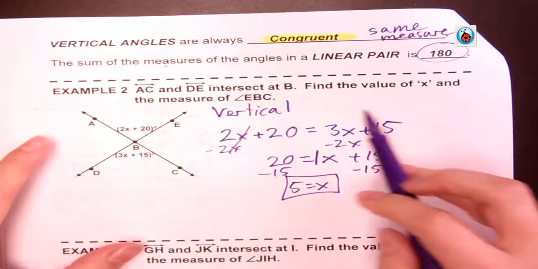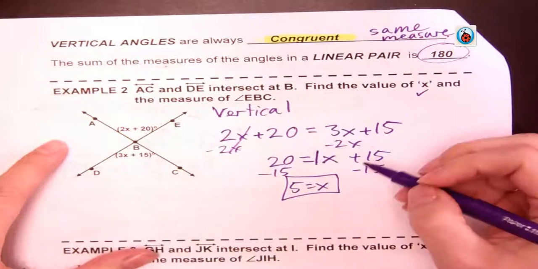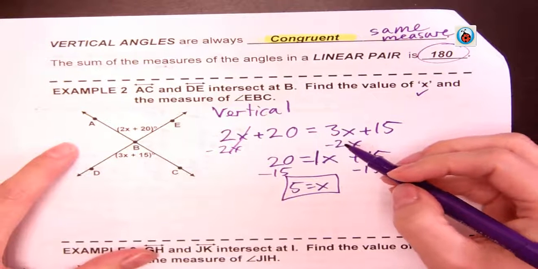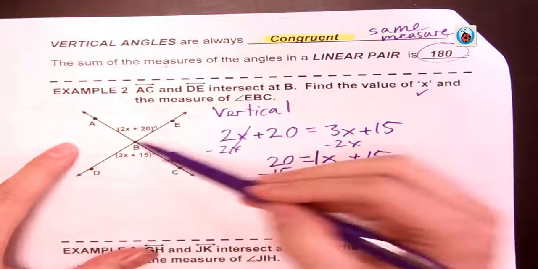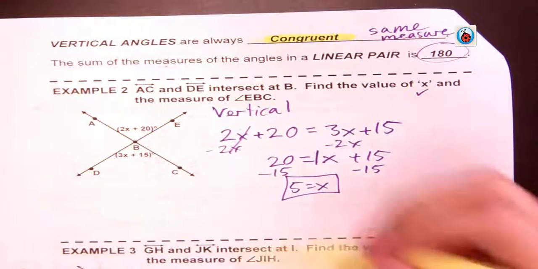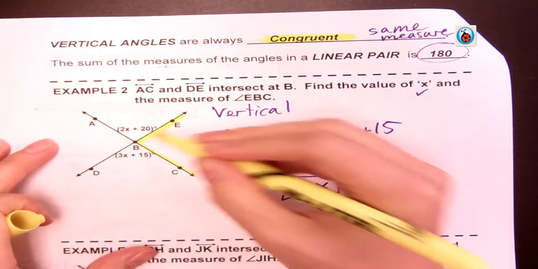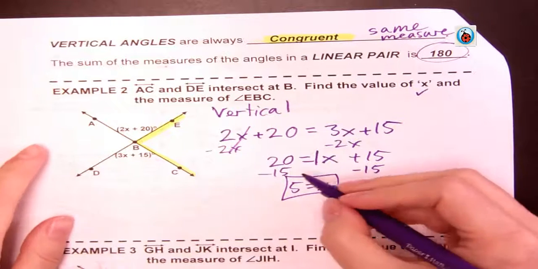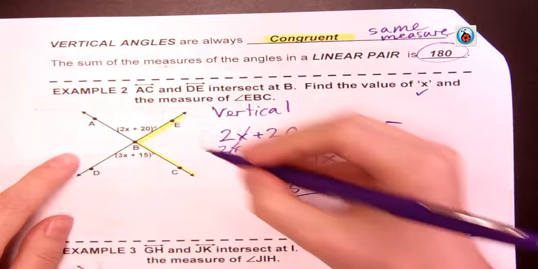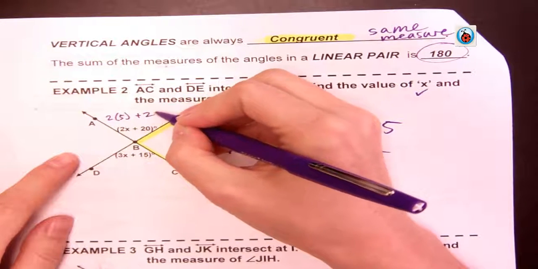And I go check, did I answer the question? So find the value of x, I did that, and the measure of EBC. Okay, so here, EBC is this angle here. How do you think I can find that angle now that I have x? So hopefully you recognize my first step is going to be to plug it in. So I'm going to do 2 times 5 plus 20.